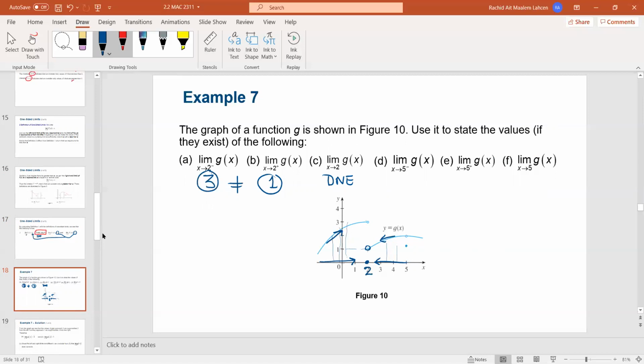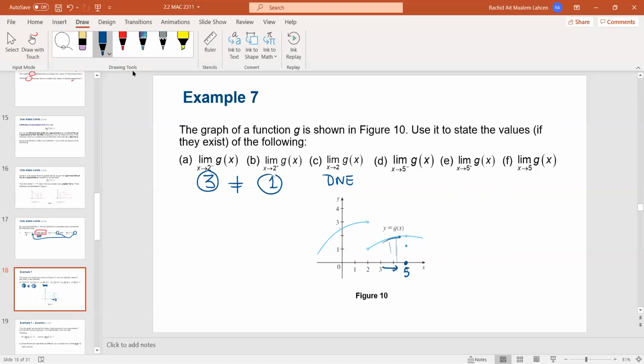So let's look at 5 negative, and now I'll clean this and start it over. 5 negative, we're going to 5, which is this value here.